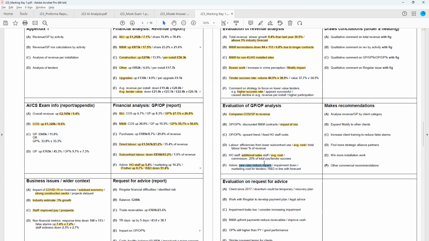And then also talking about the new vans, reduced repairs, or the impairment, or the R&D in line with the forecast. But a lot of these have been backslashed, and you can't always guarantee it'll be the admin that gets backslashed more than the cost of sales. But you can see why trying to do everything won't necessarily get you more marks. There's only so many marks on a requirement, so things are going to have to be backslashed.